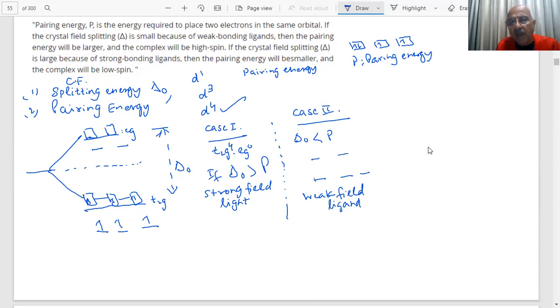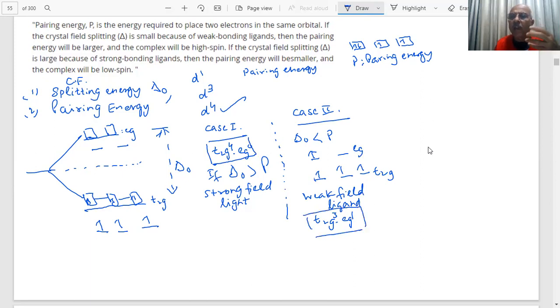So this energy gap is small. The fourth electron then goes here, students, T2G and EG. Then what is the configuration? In this case, it will become T2G3 EG1. So this is the configuration. See the difference in the configuration, students, case 1, case 2.